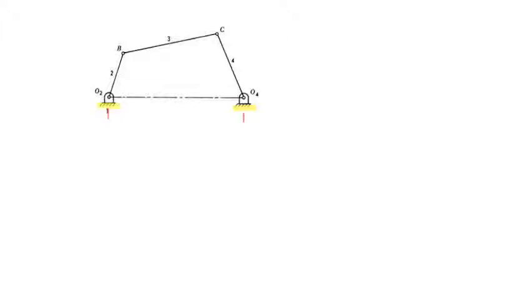Next one, crank. This O to B is link number 2 and B to C is the connecting rod, link number 3. Next, C O4 is nothing but a rocker, which has oscillatory motion, link number 4. Therefore, we have the number of links L equal to 4. Next, the number of pairs.